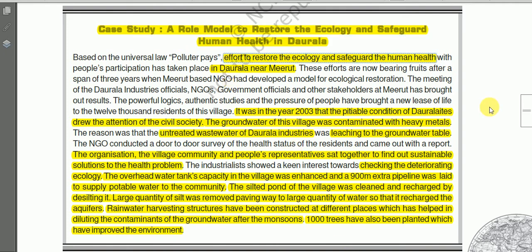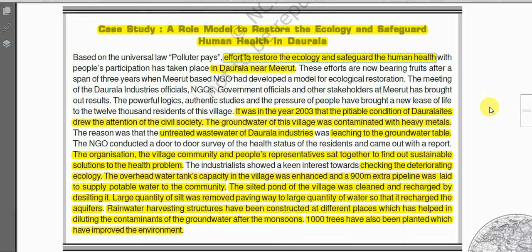So here in Daulara, efforts are made to restore the ecology and safeguard human health in Daulara near Meerut. This is the main theme of the case study.